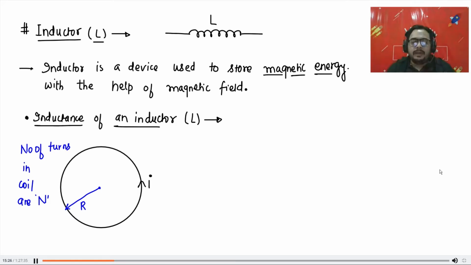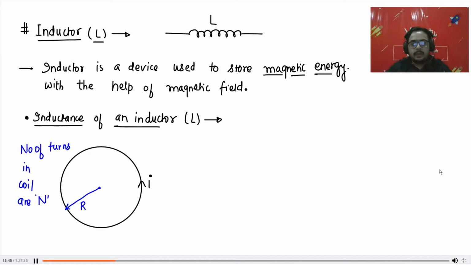Can you tell me the direction of that magnetic field? Right hand rule, just rotate the hand, the thumb is coming out. So it is generating a magnetic field out of the plane.